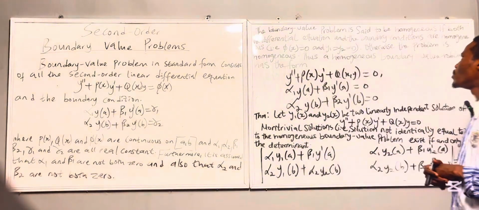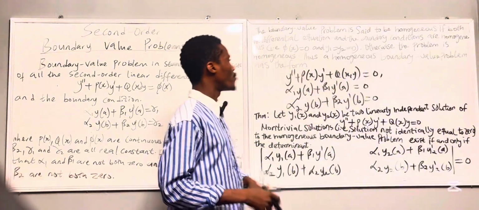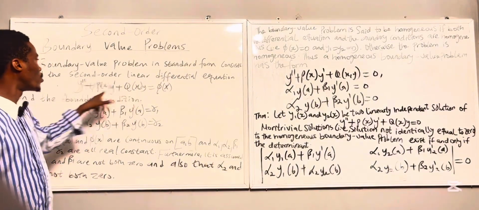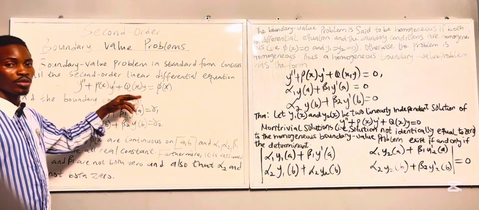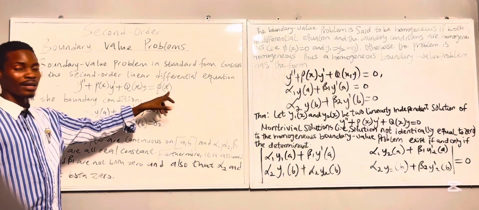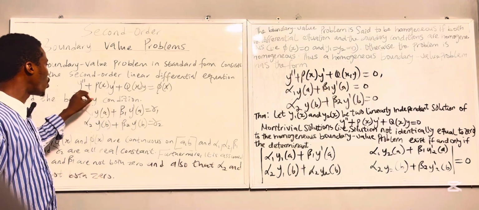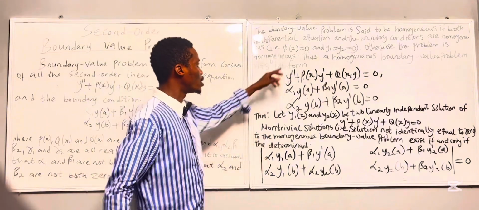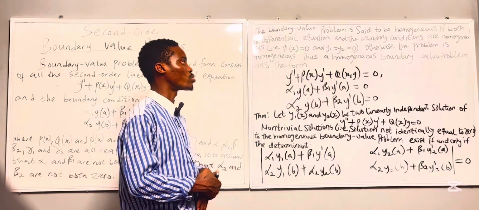The boundary value problem is said to be homogeneous if both the differential equation and the boundary conditions are homogeneous. That is, phi of x is equal to 0. This is the standard form of the homogeneous problem. If phi of x, which is a Greek letter, is equal to 0, and gamma 1 and gamma 2 are equal to 0, it is homogeneous.